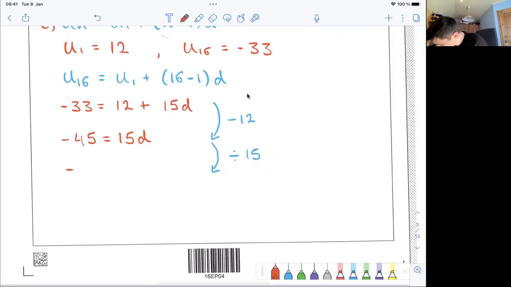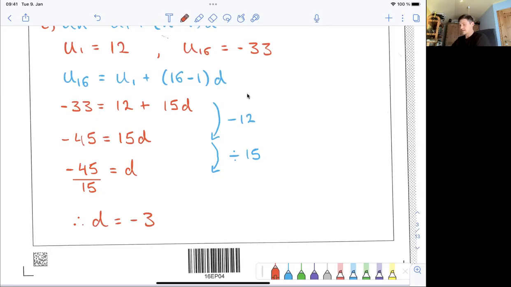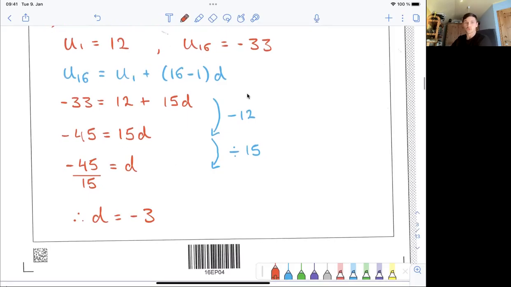That's going to give me negative 45 over 15 is equal to d, and we can conclude, therefore, d is equal to negative 3. And that is the full answer to question 2.